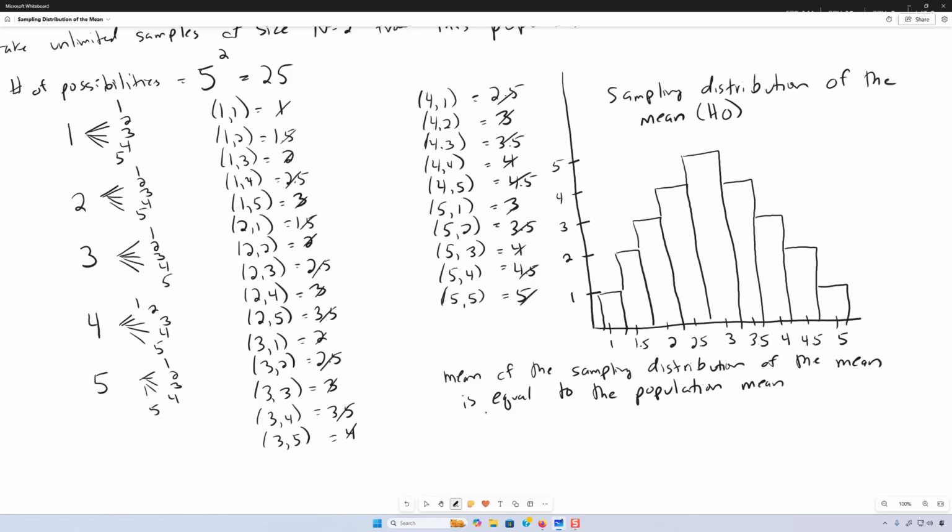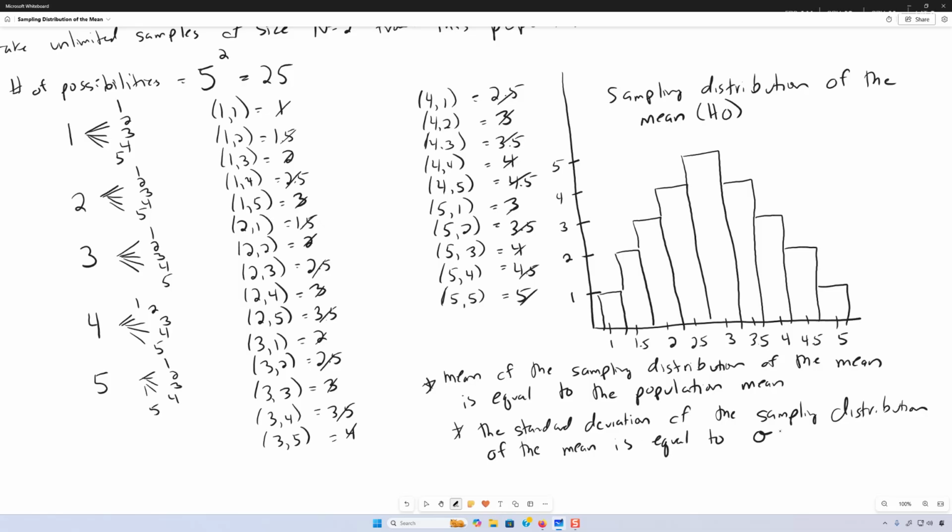And one other thing, the standard deviation of the sampling distribution of the mean is equal to sigma divided by square root of n.